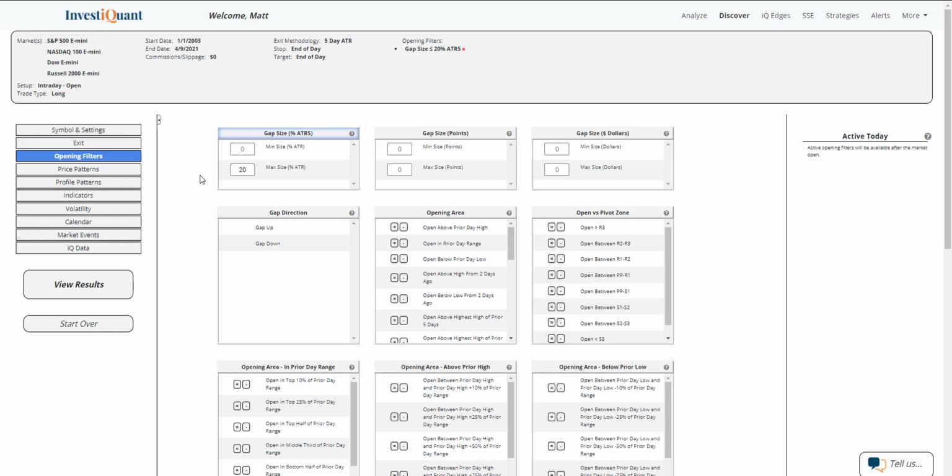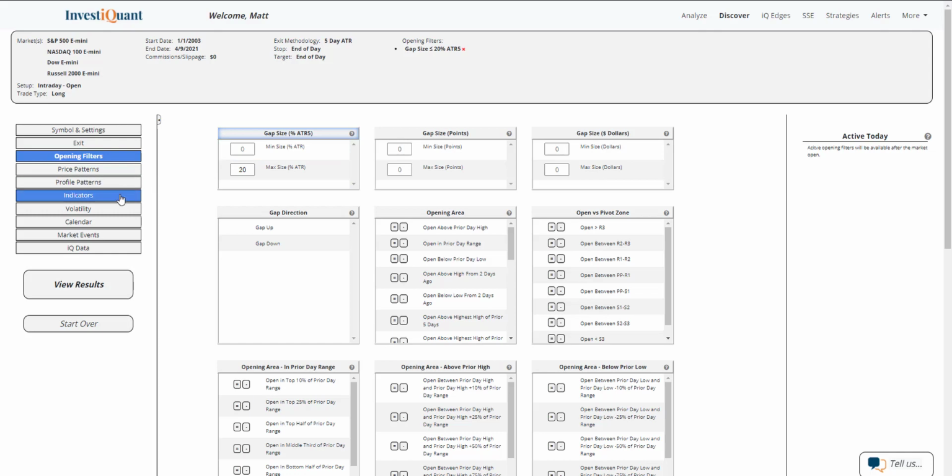So the way this is set up for today, this means that the opening location could be plus or minus about 6.5 points from yesterday's close. And I'm not adding a gap direction, so this means the study will be looking at up and down gaps as long as they're fairly small in size, falling within 20% of the 5-day ATR.